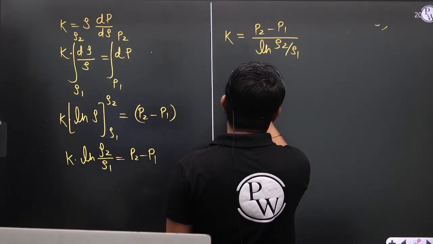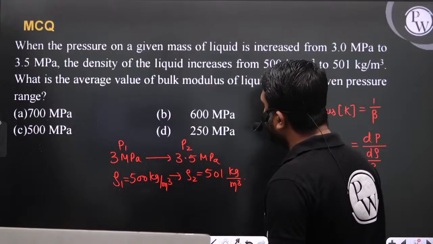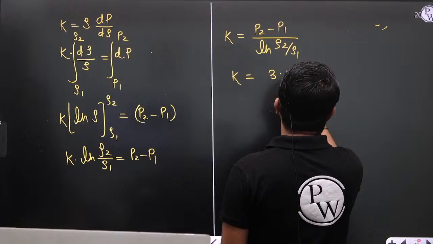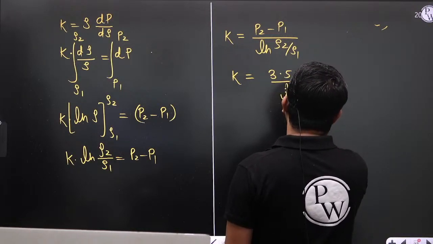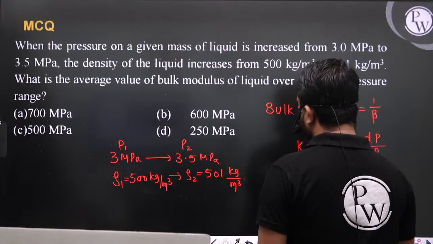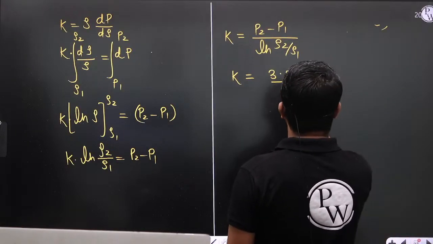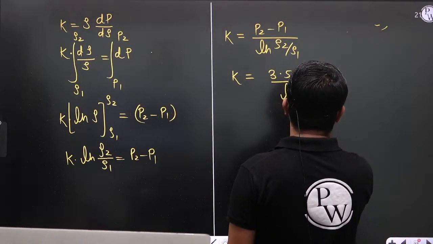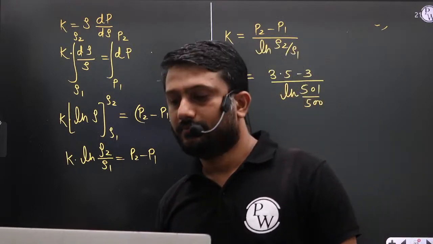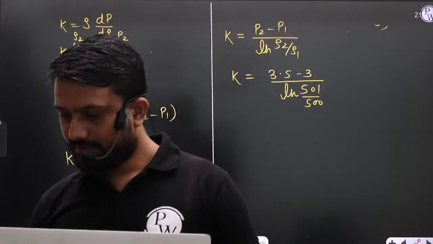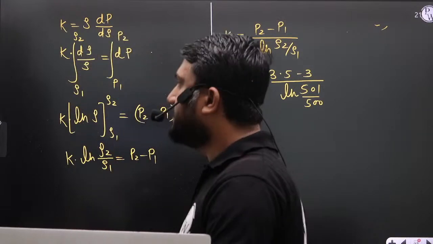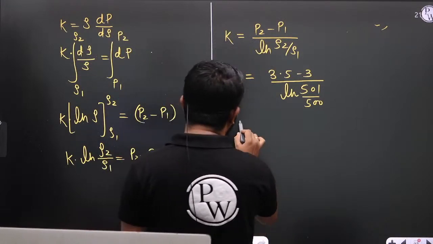Now K is equal to 3.5 minus 3 upon ln 501 to 500. So I think this comes around 250, correct?